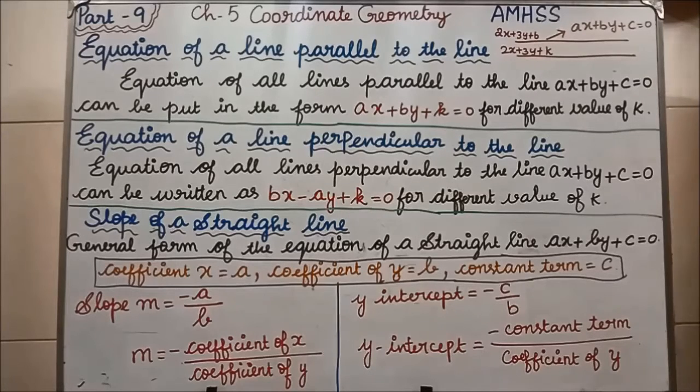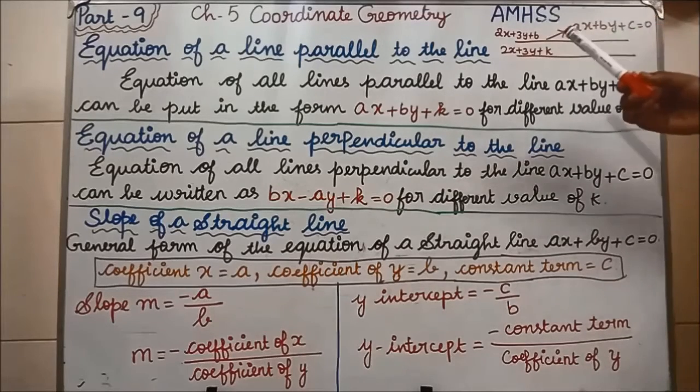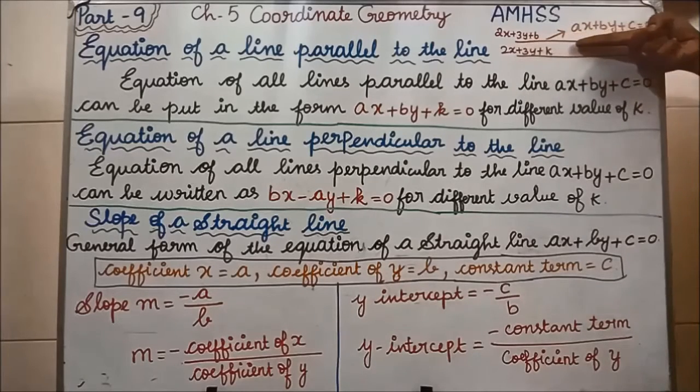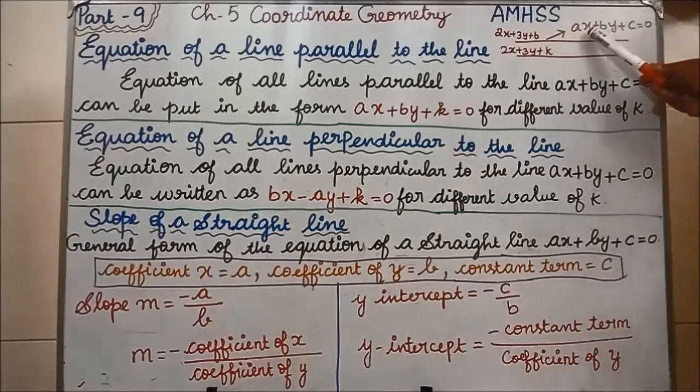Clear? So before going to exercise 5.4, we have to know the remaining formulas regarding equation of a straight line. We will see the first formula: equation of a line parallel to the line. Now consider this is our straight line. Straight line equation will be in what form? ax plus by plus c equal to 0.